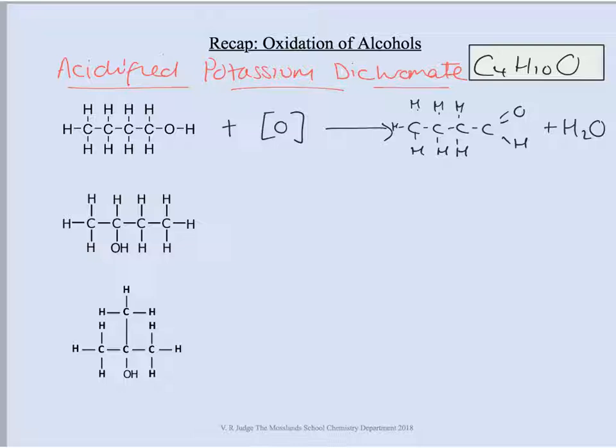So if you want the aldehyde, the conditions would be under distillation. So you'd have to distill it. If you didn't distill it, if instead you heated it under reflux conditions, you would then get it to go all the way to the carboxylic acid.